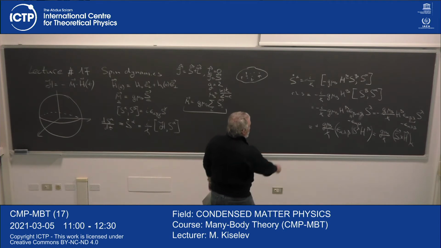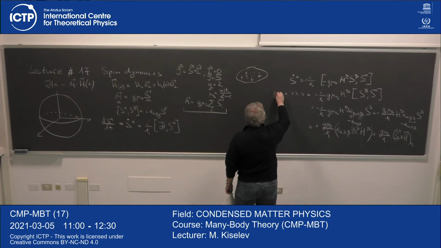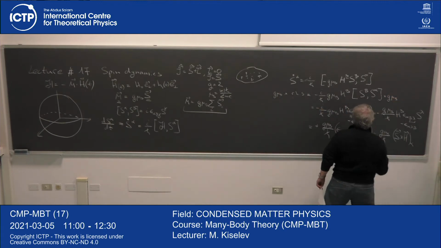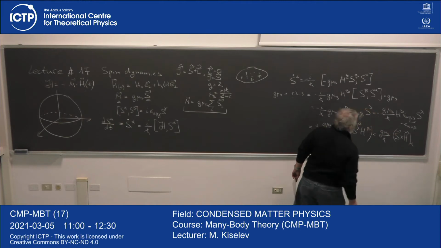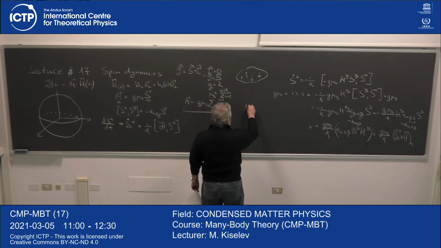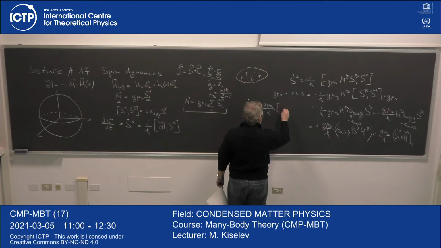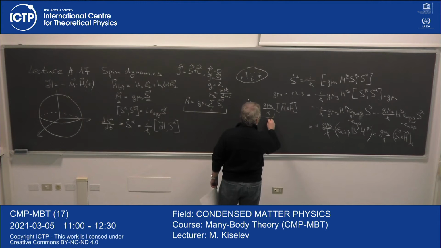As a result, if I multiply the right-hand side of this equation and left-hand side by g mu bar, I think that g mu bar is incorporated in magnetization, so I can write down that M dot is equal to g mu bar over h bar, and I have a vector product M times H. Okay, I will denote it as gamma.